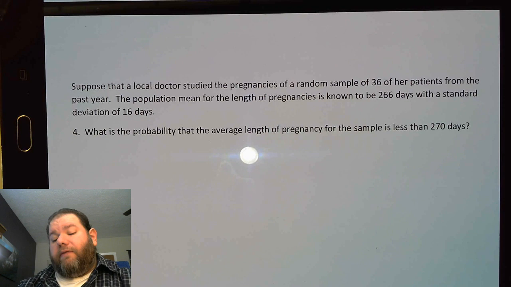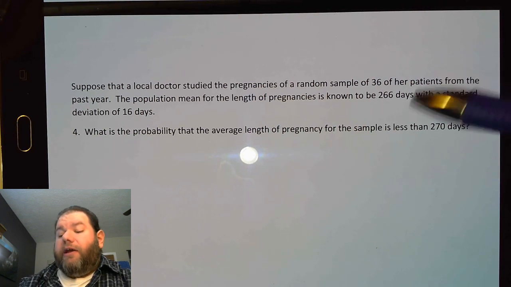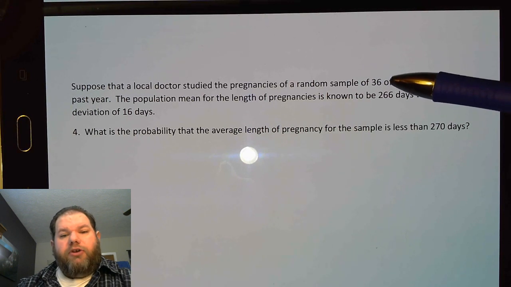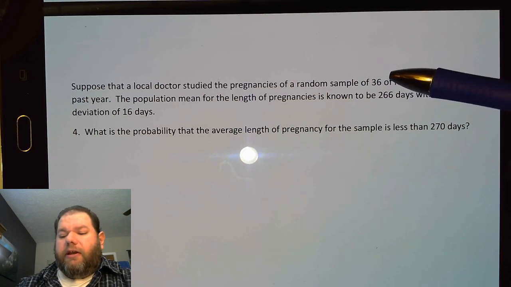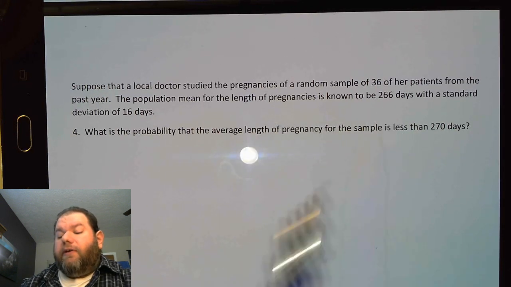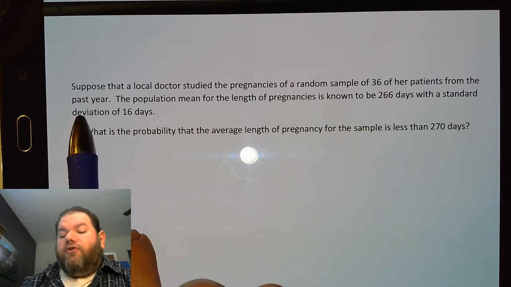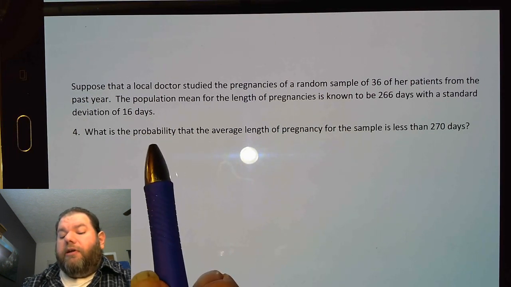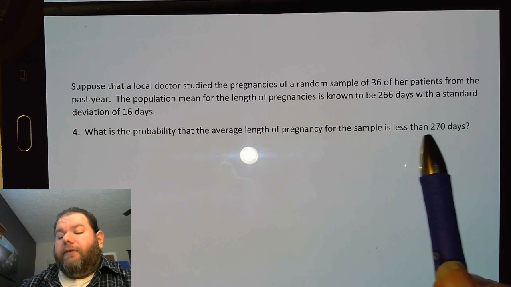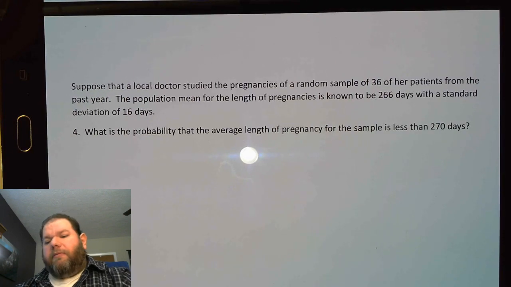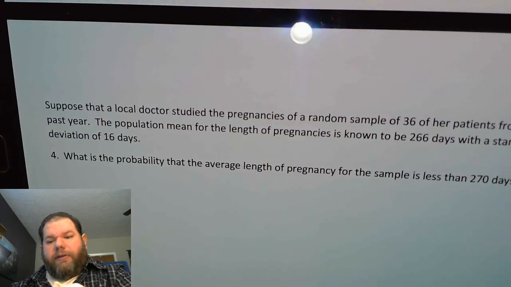An important thing to notice here is that we have a sample size of 36, and that's going to impact which formula we choose for z. We also know that the mean is 266 and the standard deviation is 16. And then we want the probability that the average length of pregnancy is less than 270 days. That's all of our key data. There's really no superfluous data in this case, but that's always nice when that's true.